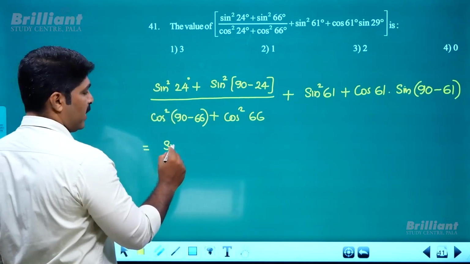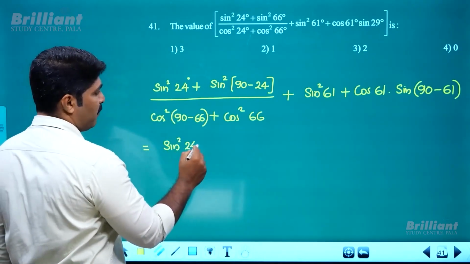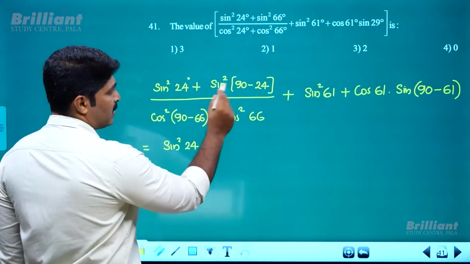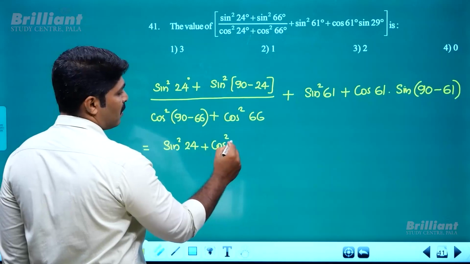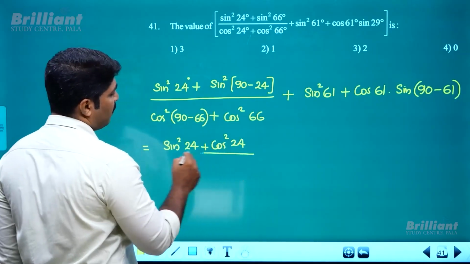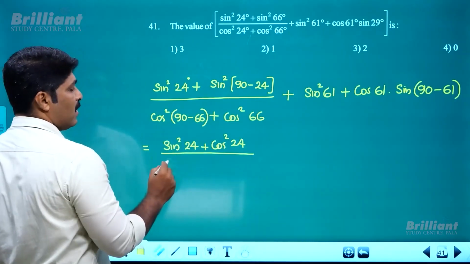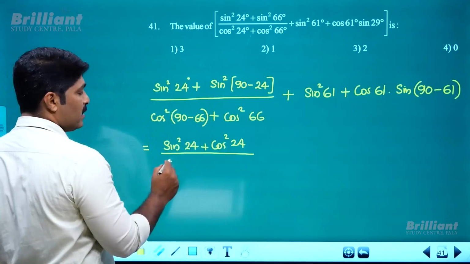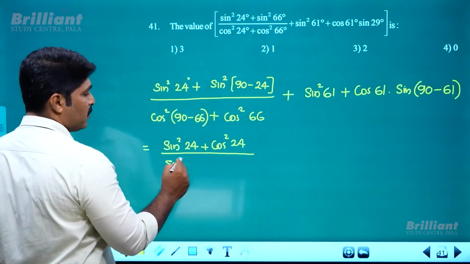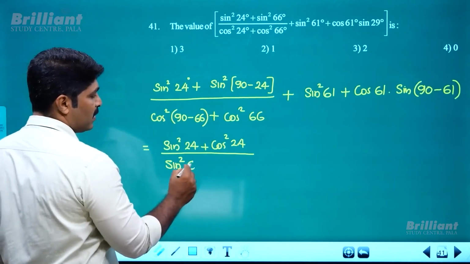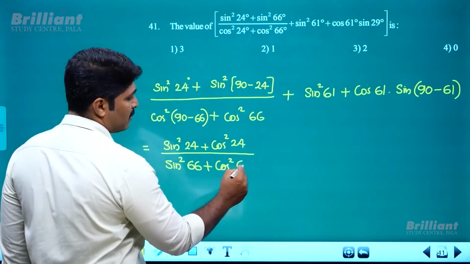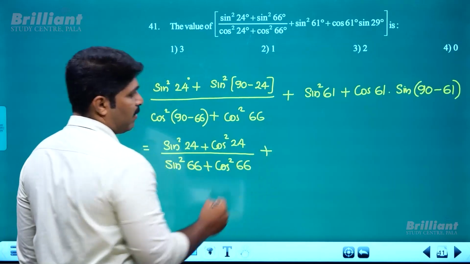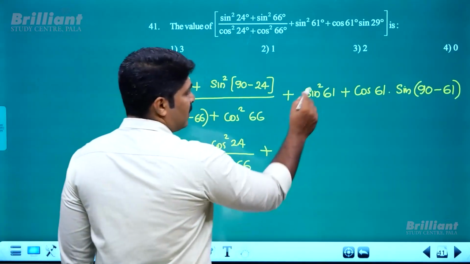This is sine square 24 plus sine square of 90 minus 24, that becomes cos square 24, divided by cos of 90 minus 66, that is sine 66. So this is sine square 66 plus cos square 66, again plus sine square 61.